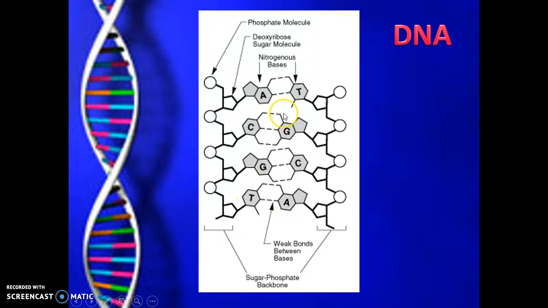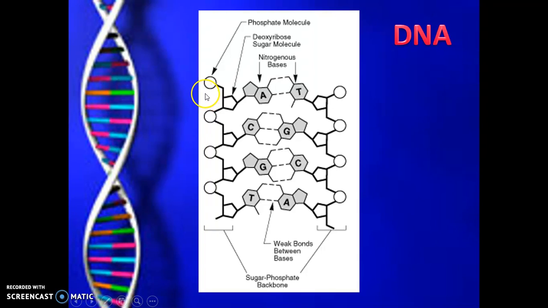Now, the two strands are held together by hydrogen bonds. Hydrogen bonds are really, really weak bonds, but they're strong enough to hold it together. But they're weak enough that we can pull these apart really easily when we need to. And that's going to be important in the next thing we're going to learn about, okay? So they're very weak hydrogen bonds holding it together, which are nice and easy to pull apart, okay?